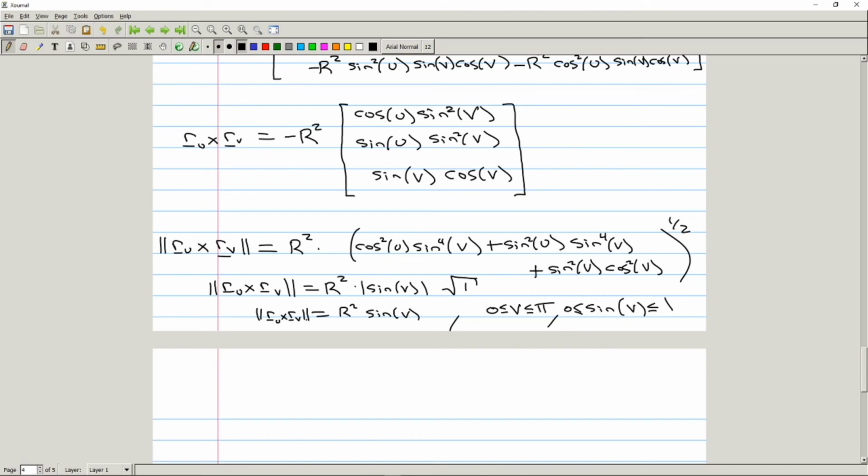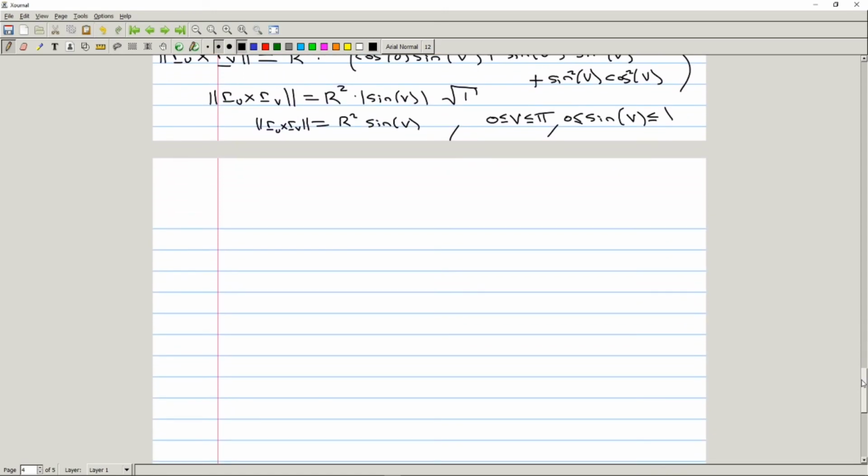And luckily, finding this normal field sometimes is the longest step of the process, because this integral is not super difficult to evaluate.